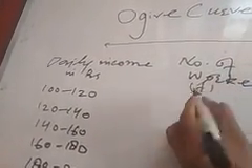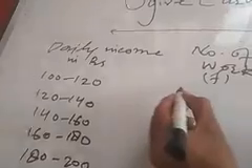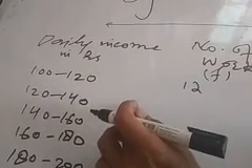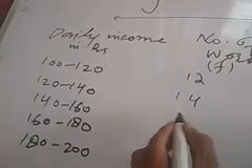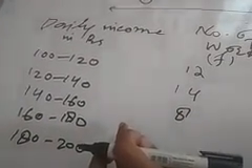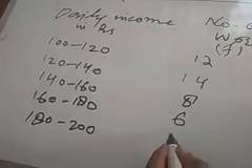The frequencies: for the first one it is 12, for the second one it is 14, for the third one it is 8, for the fourth, 160 to 180, it is 6, and the last is 10.